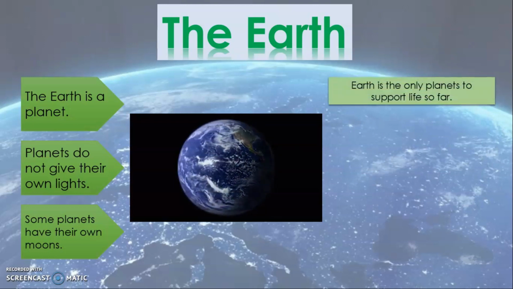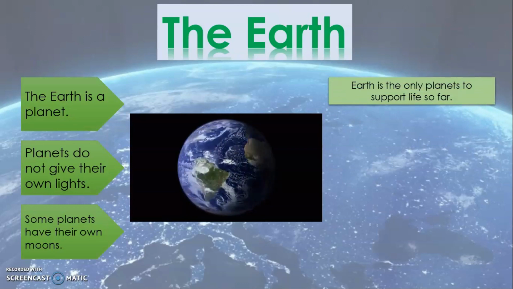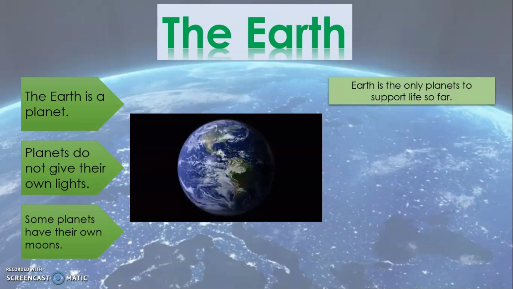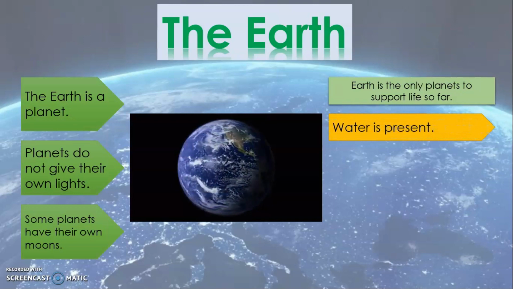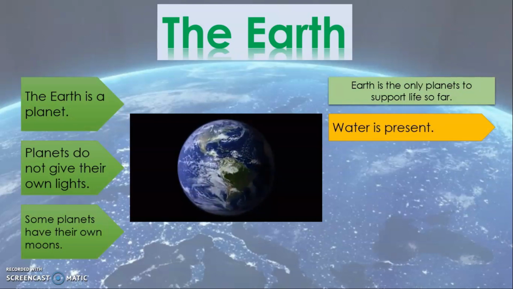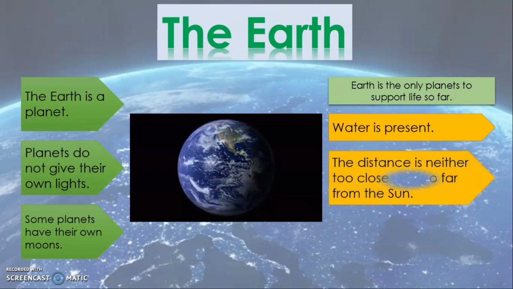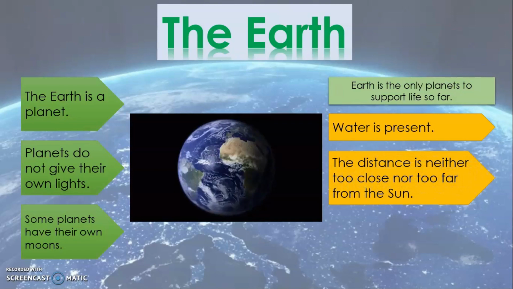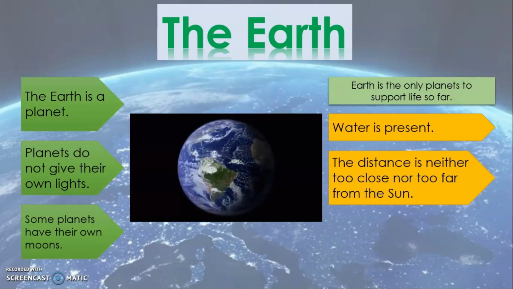So far, Earth is the only planet to support life. Why? It is because, first, we have water. Then, the distance is neither too close nor too far from the Sun.